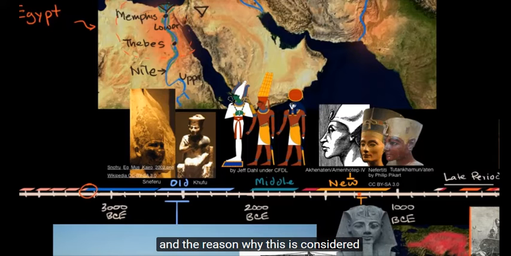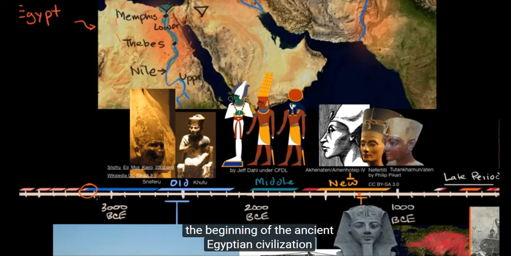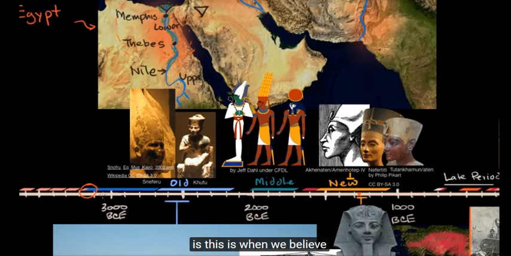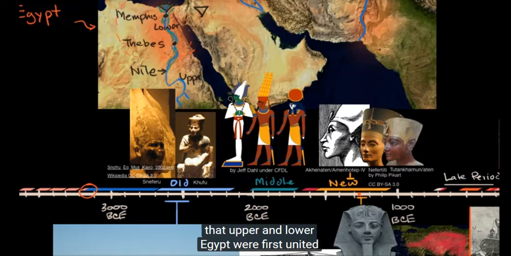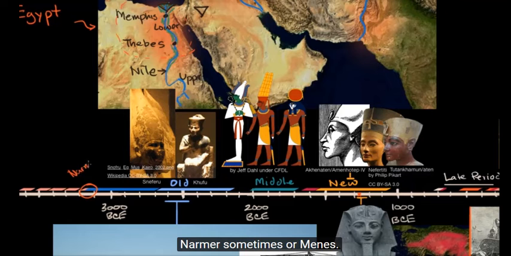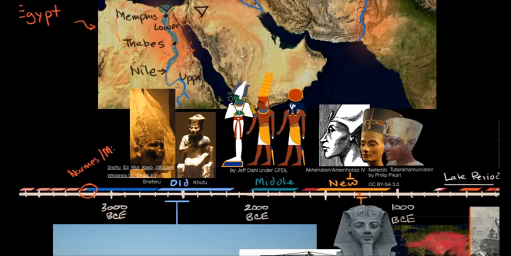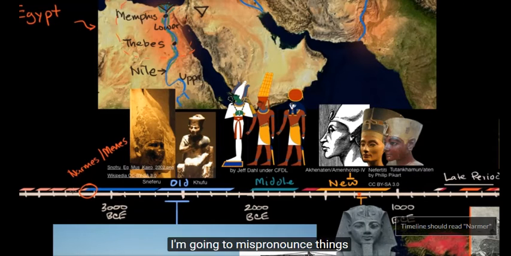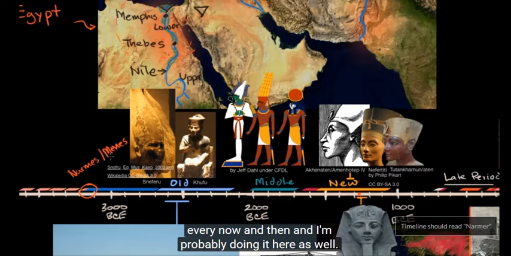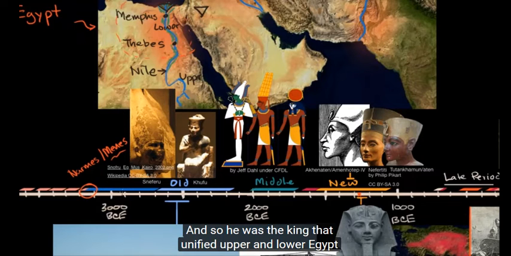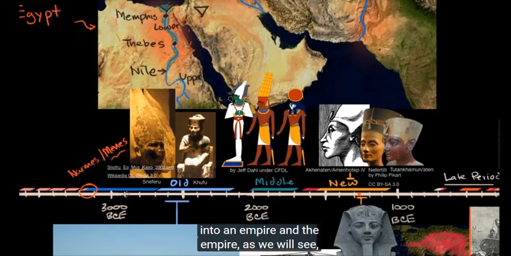And the reason why this is considered the beginning of the ancient Egyptian civilization is this is when we believe that Upper and Lower Egypt were first united under the king, and there are different names used, Narmer sometimes, or Menes. I'm going to mispronounce things every now and then, and I'm probably doing it here as well. And so he was the king that unified Upper and Lower Egypt into an empire.